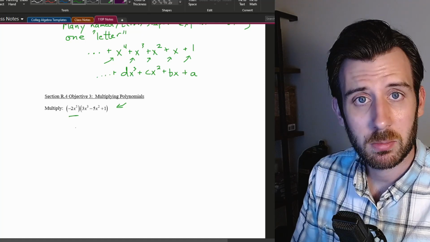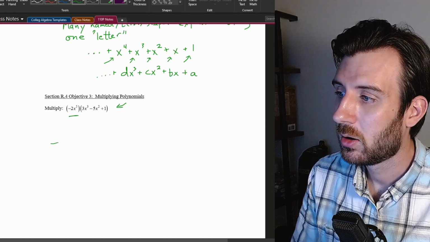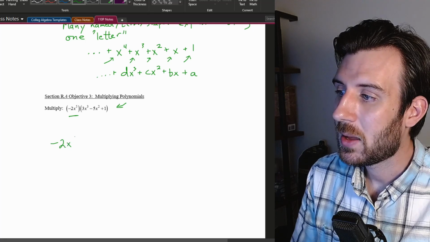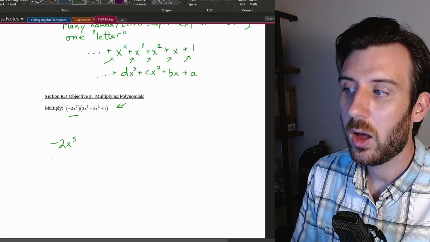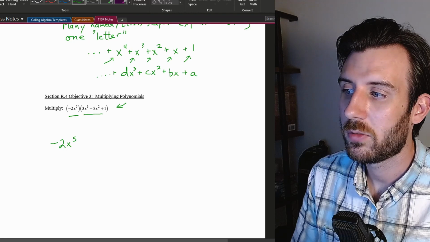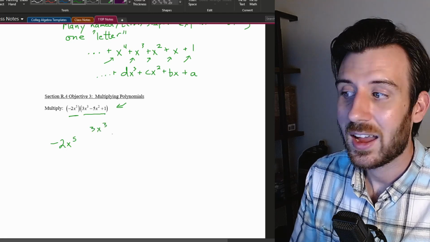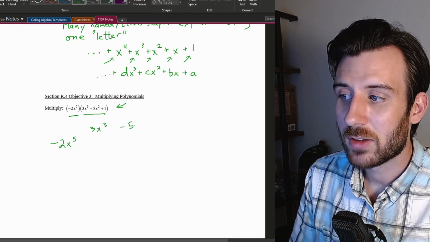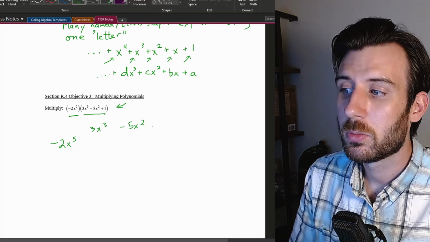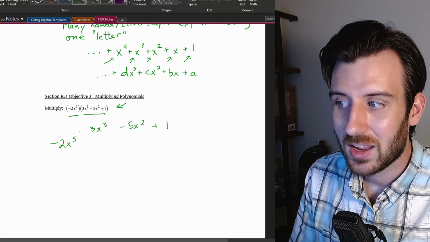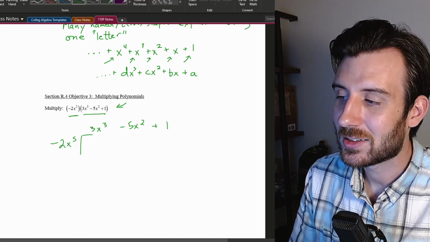I don't exactly know what the number is, but I can imagine it's a number. So I have that many groups of all of this. So I have groups of 3x cubed. I have that many groups of negative 5x squared. I have that many groups of 1. We can organize all of this the exact same way.